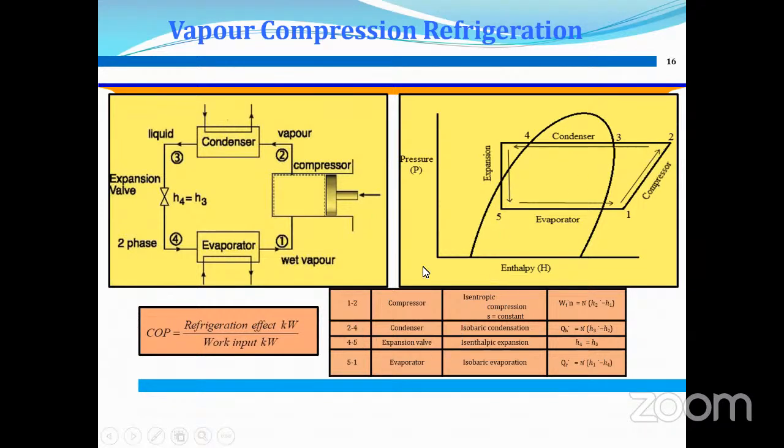In the graph, 1 to 2 compression is isentropic compression. Then condensation is isobaric condensation. The expansion is isenthalpic expansion. Then the evaporator is isobaric evaporation.